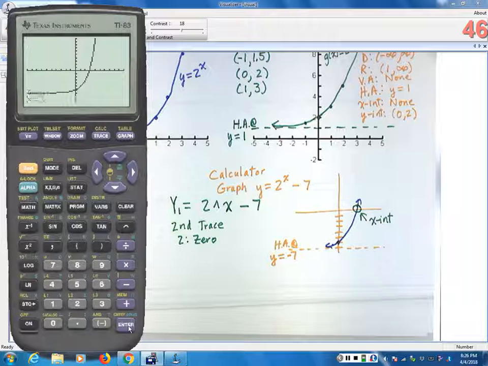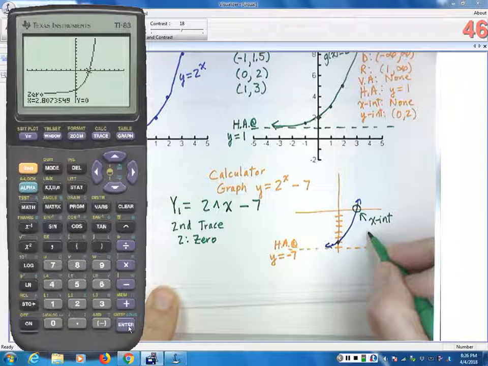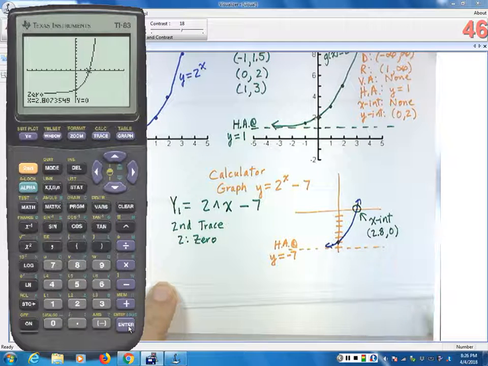You can hit that, I guess, but you can just hit enter also. And it looked like it was 3, but it's not. It's 2.8. So the x-intercept is approximately 2.80. And that's how you're going to find the x-intercept on one of those homework problems.